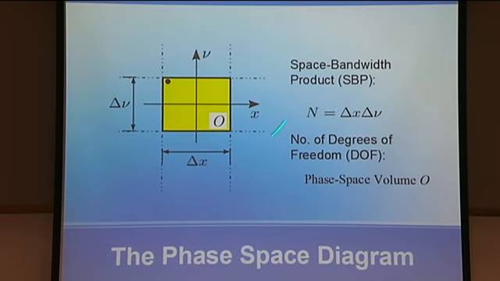Our invariant is now associated with the space bandwidth product. So again, in an ad hoc, heuristic way, we can associate a signal with a finite space bandwidth product with some footprint in phase space. And this phase space volume is often associated with the number of degrees of freedom, so the number of independent variables that we have to describe our signal.